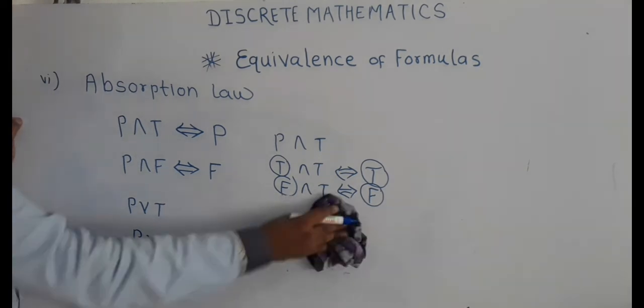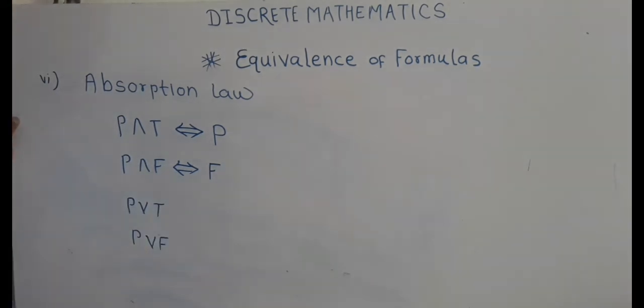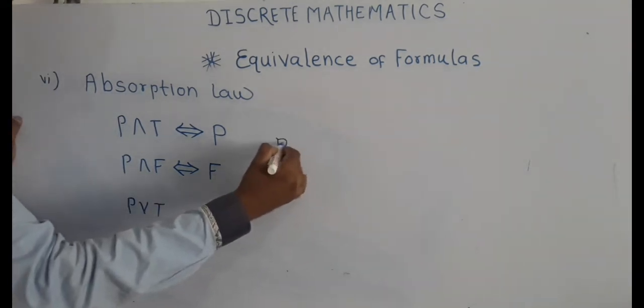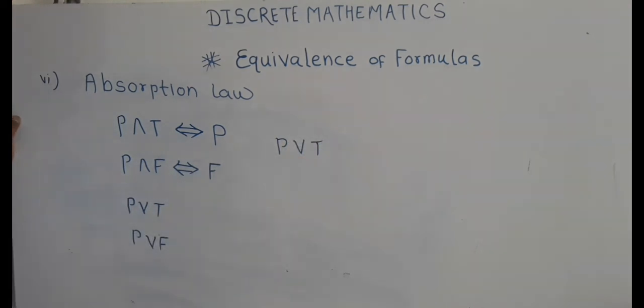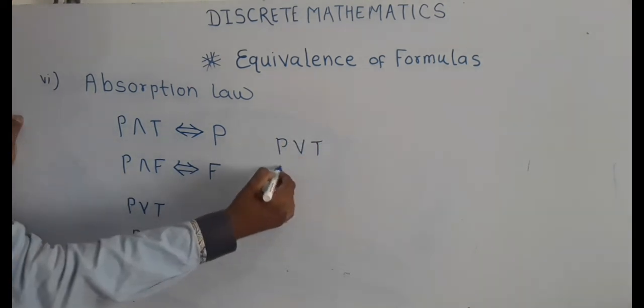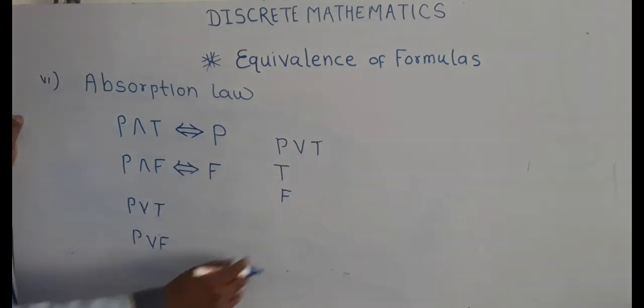Now, the third is for the OR operator. If we have P or T, again P may be true, P may be false.